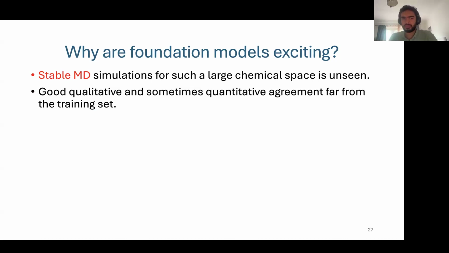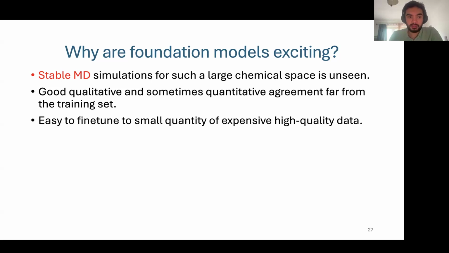And sometimes, and I would say even a lot of times, it has good qualitative agreement with the underlying DFT, and sometimes it's even quantitatively accurate. So this is even more useful because you can get reasonable answers. And then the last point, which I think is the most important, and Venkat will go into more detail about that, is that they are very easy to fine-tune.